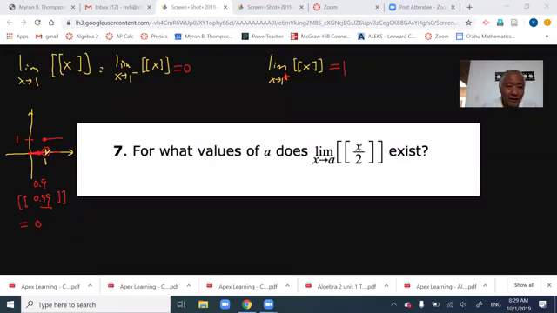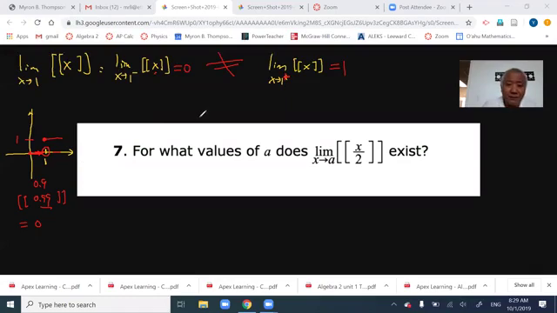So you can see that when x approaches any integer, 1, 2, 3, 0, negative 1, whatever, there is a gap. The left limit does not equal the right limit, so the limit does not exist.